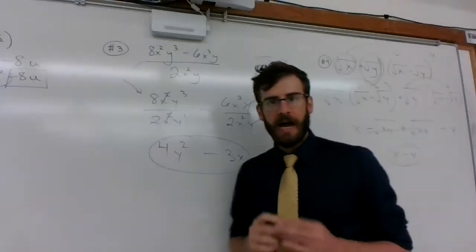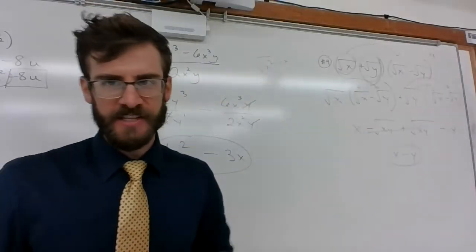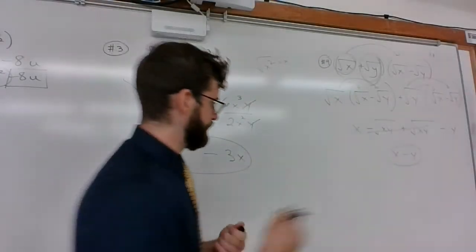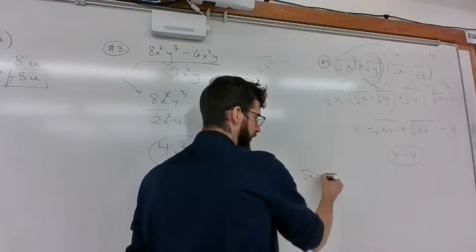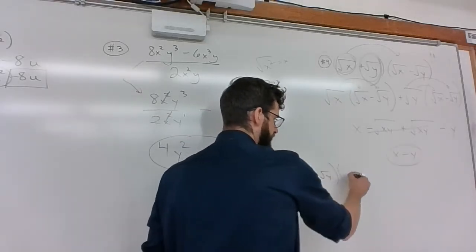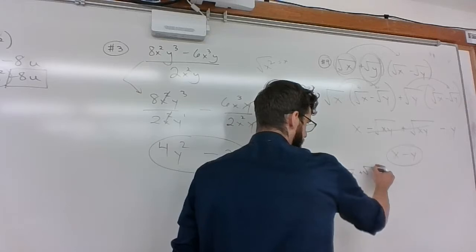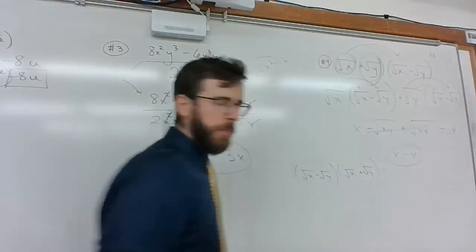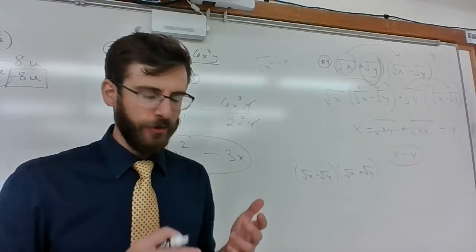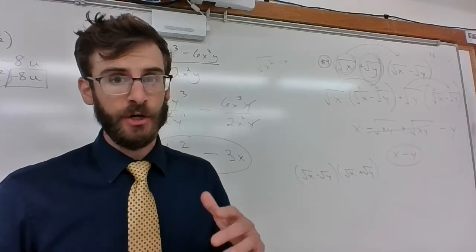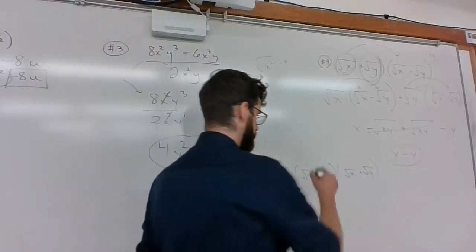One thing I want to highlight with this particular example is that at the very beginning of the problem, you had root x minus root y times root x plus root y. You might remember this from earlier classes where we talked about difference of squares.